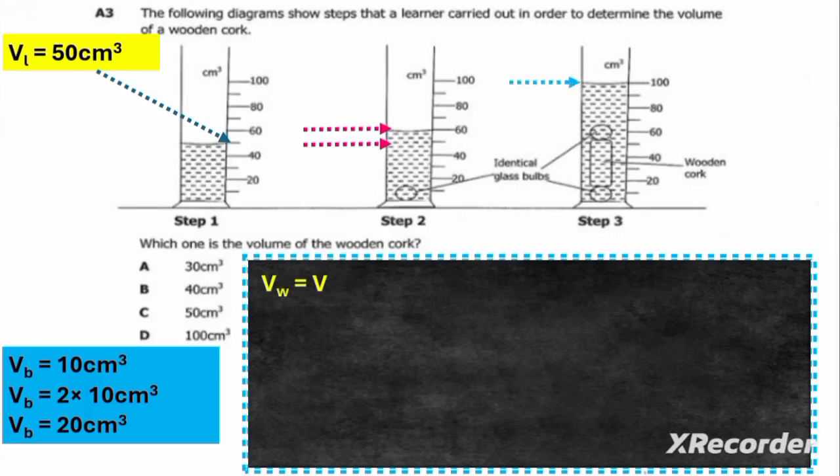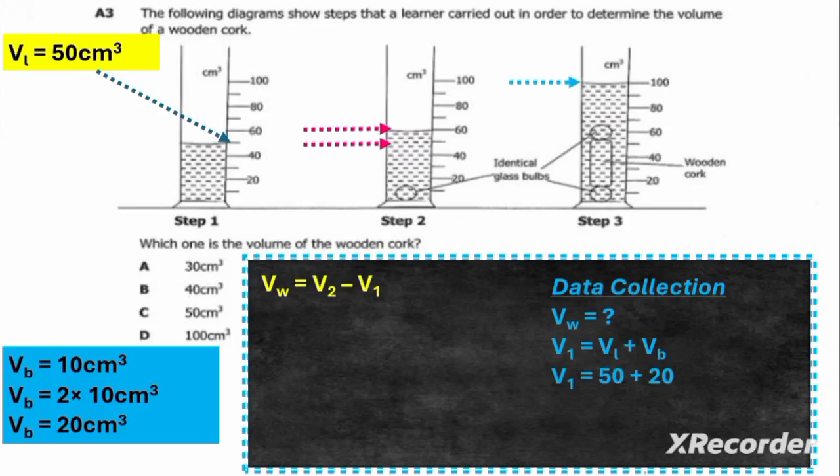Let us come up with the data. Volume 1 is equal to 50, the volume of the liquid, plus 20, the volume of two identical glass bulbs. 50 plus 20, we get 70 cubic centimeters.